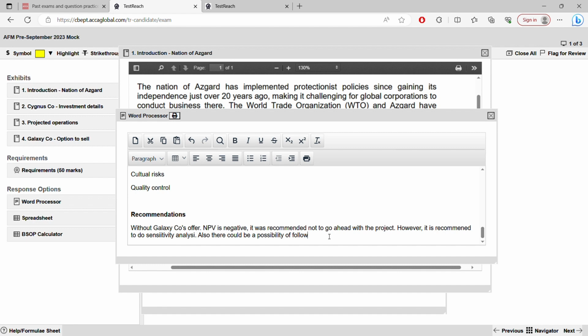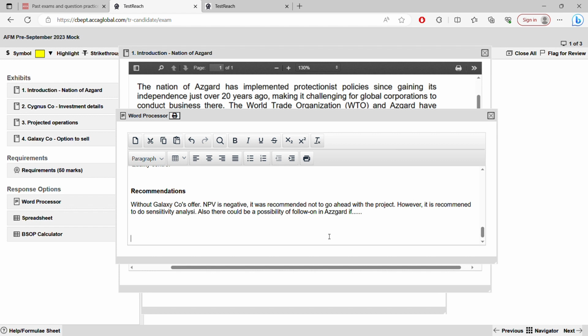Once you take a project, later on you might get more projects in future. So there could be a possible follow-on project if you have decided to go ahead with the project. Like that, you can feel it. So this also you can take into consideration before rejecting the project based on net present value only.